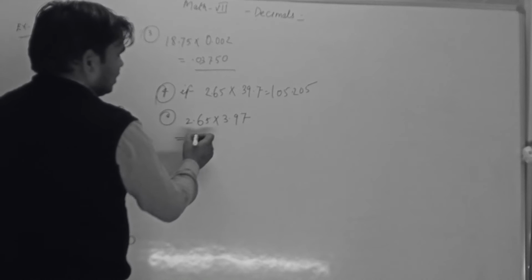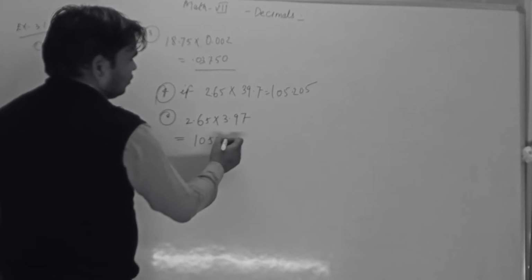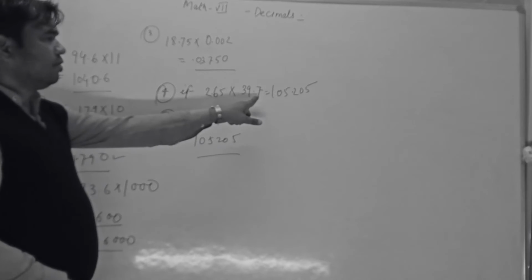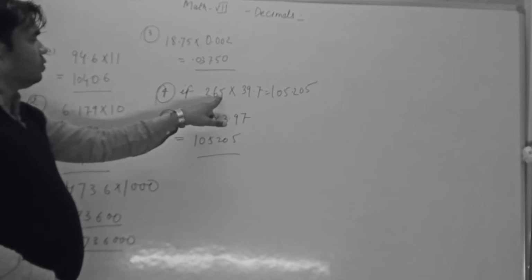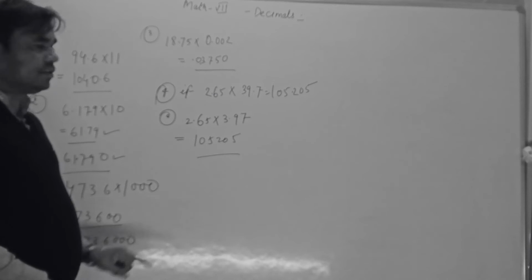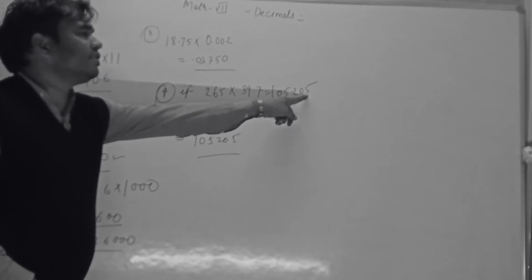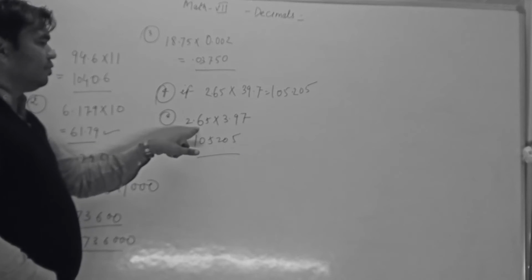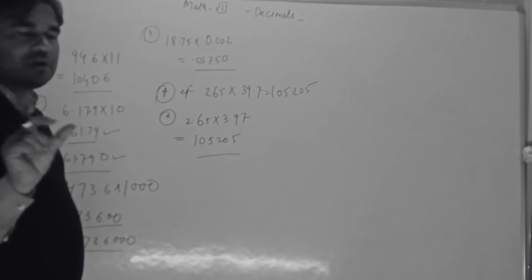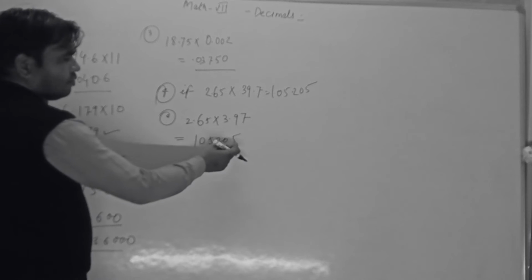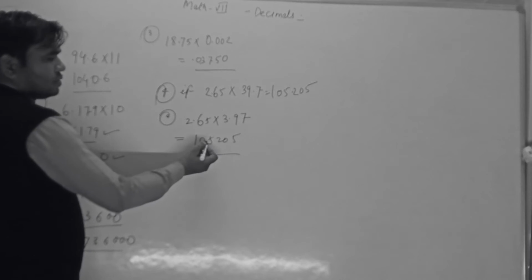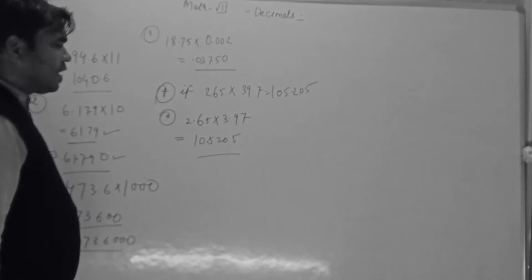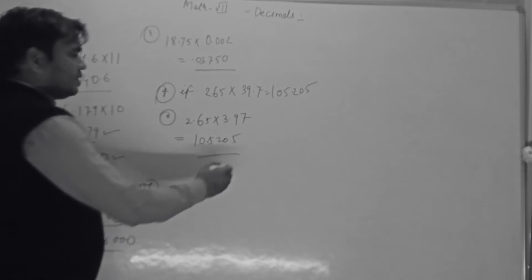The value given is 105.205, and here you see decimal places 1, 2, 3. After 3 digits you have to put the decimal in this number, and here the decimal places are 1, 2 and 1, 2. It means to say total 4 places. So we have to find 1, 2, 3, 4. So here the decimal is put: 10.5205, that is the answer.